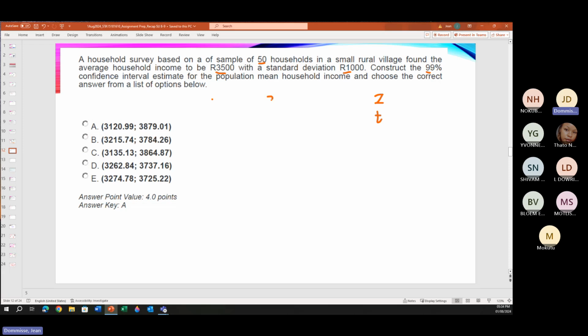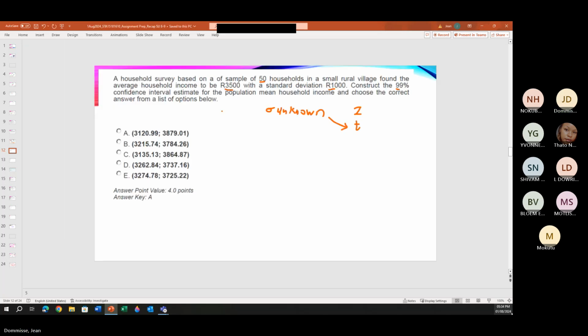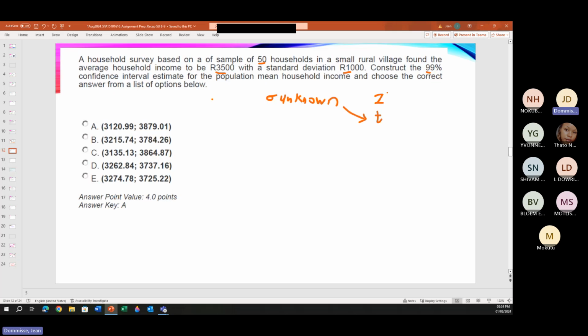So the population standard deviation is unknown. Because the population standard deviation is unknown, we're going to use a T and not a Z.